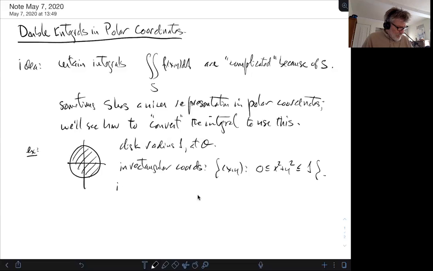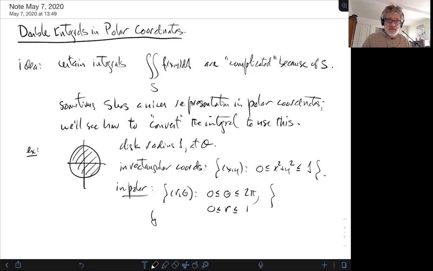But in polar, this is actually much simpler, right? So how do I describe the points at distance at most 1 from the origin? So the angle could be anything from 0 to 2 pi, and r is between 0 and 1. So this is the set of all r theta, such that theta is between 0 and 2 pi, and r is between 0 and 1.